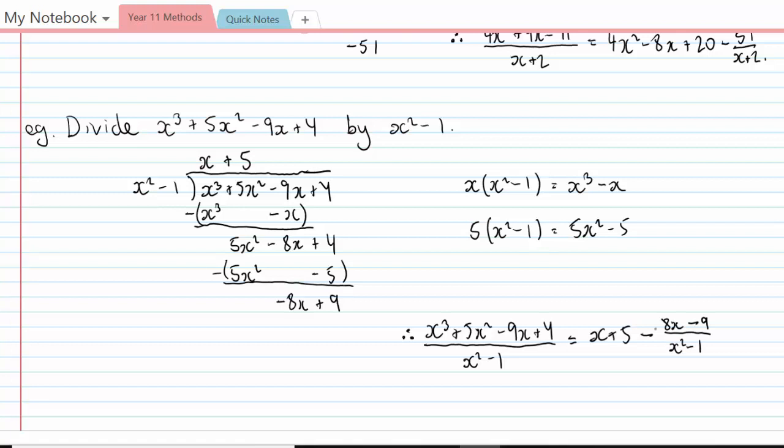And that's because if I were to expand this fraction, the minus applies to the 8x, which makes it a minus 8x. But if I do minus of minus 9, that gives the plus 9 that we see right here. Okay, so just be really careful if you have a negative term in the remainder there when you're doing these questions.